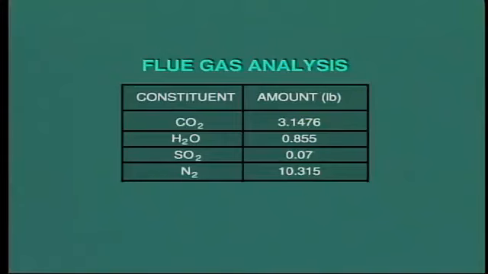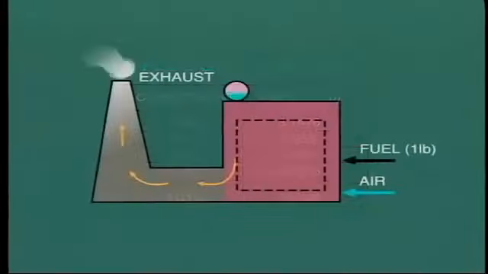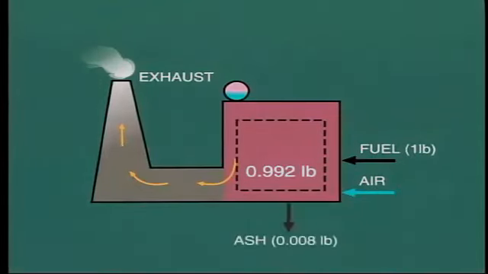Now remember, these values represent the weight of the different gases produced for each pound of fuel burned. Adding this together, we find the total comes to 14.382 pounds. And what did we put into the boiler? Well, first, for each pound of fuel, only 0.992 pounds entered into combustion. The remaining 0.8% consists of ash, which does not burn.